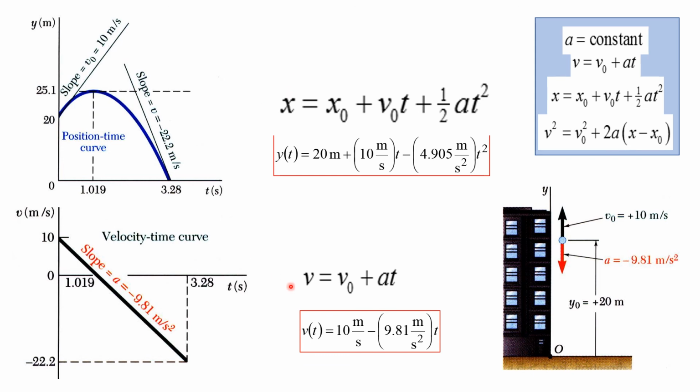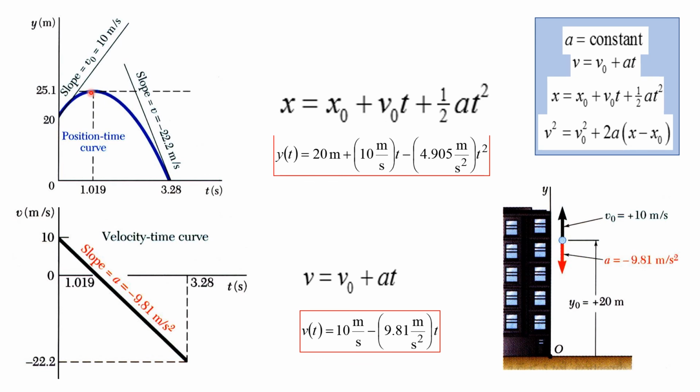We need two equations. So to figure out what the max position is, we have to figure out what the time is. And to figure out what the time is, we have to look at the velocity curve. So max position, look at the velocity curve. And then from the velocity curve, find when this velocity goes to 0. And when we can find when that velocity goes to 0, that's the time our position is at a maximum.